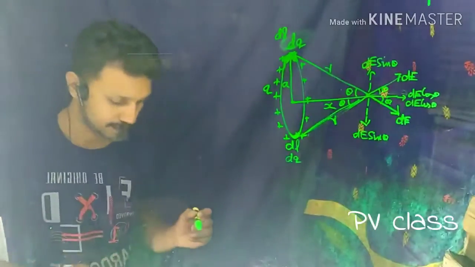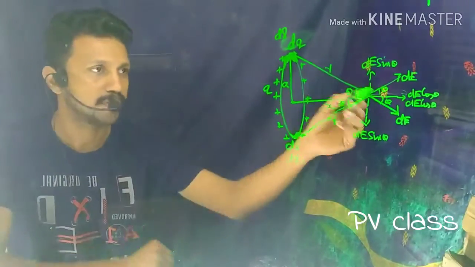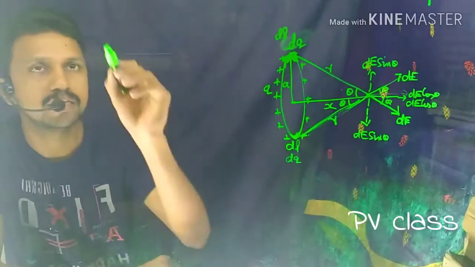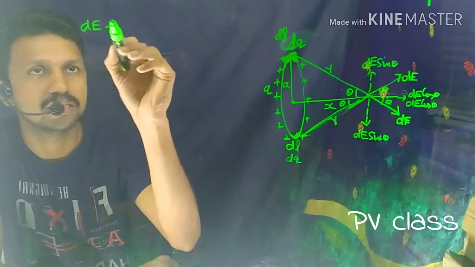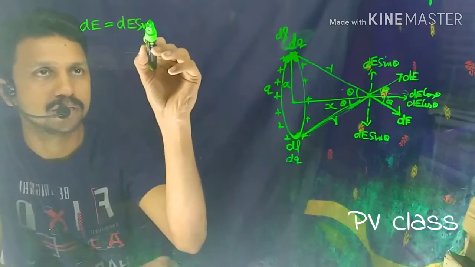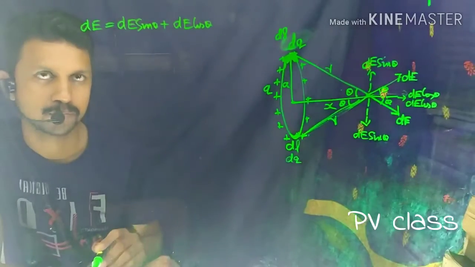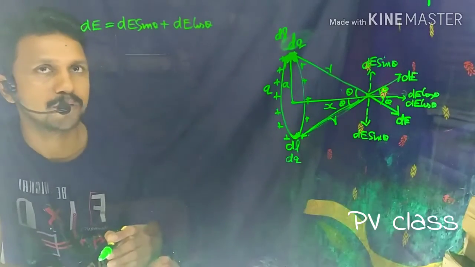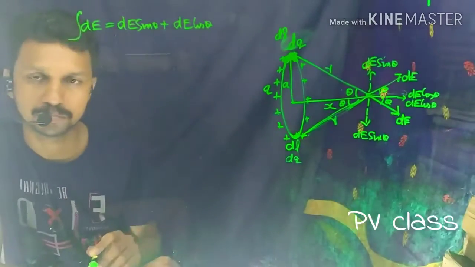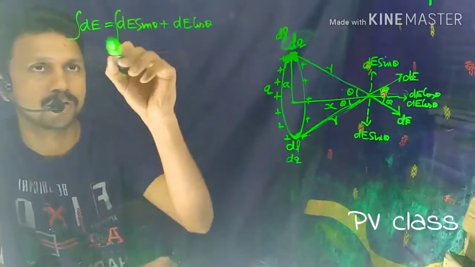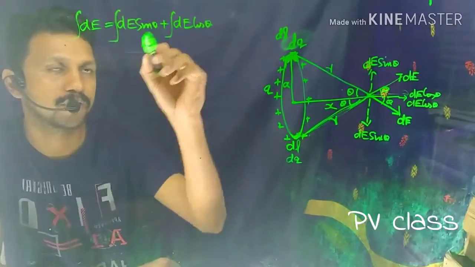Then we can see a single dE can be written as dE sin theta plus dE cos theta. Therefore, integral of dE will be integral of dE sin theta plus integral of dE cos theta.